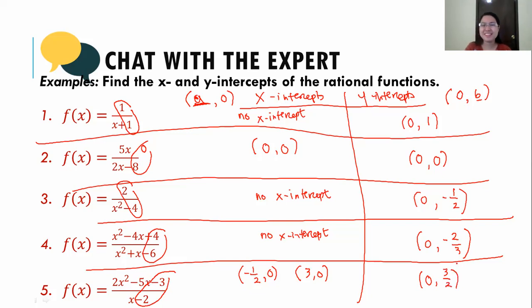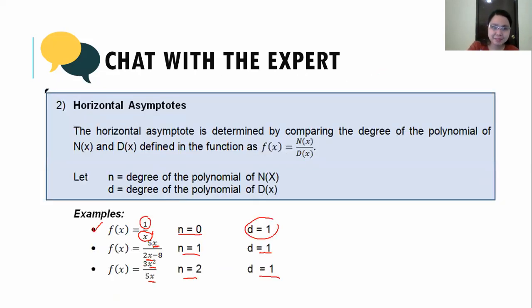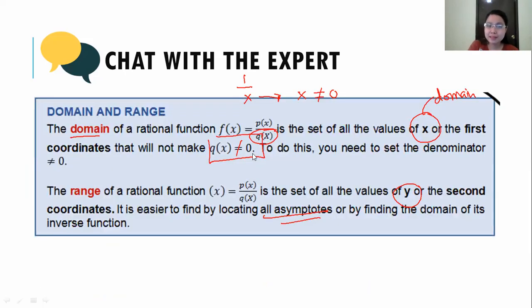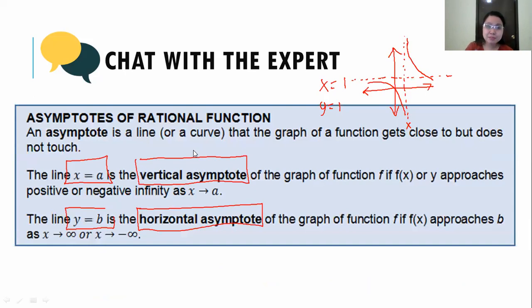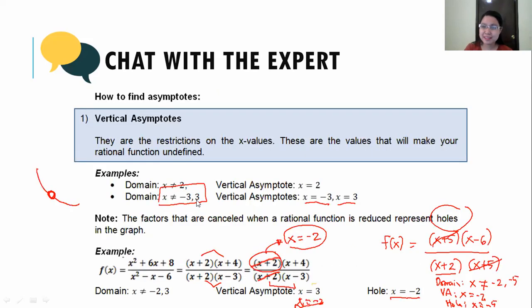That's my technique. So again, let's have a very brief review. How to solve for the domain. The domain, your denominator should never be equal to 0. And you say all real numbers except what number? Next, for the asymptotes, the vertical is solved based on the denominator, set equal to 0.